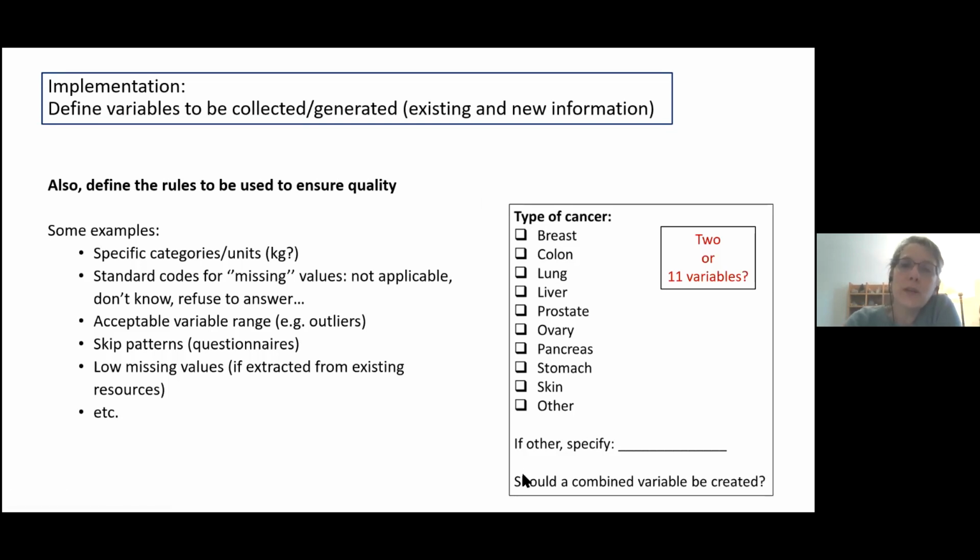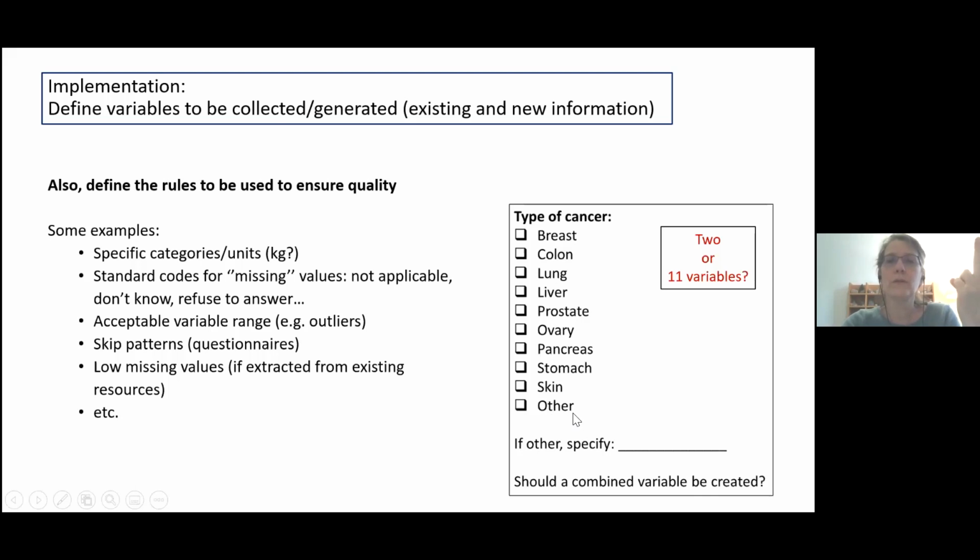And think as well about the format of the variable. If we have the example here of the type of cancer, you can have a selection of one type of cancer. That means that you will have one variable with the categories 1, 2, 3, 4, 5, etc., and another variable to specify if you selected others.